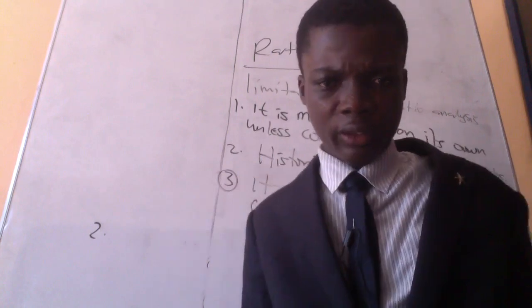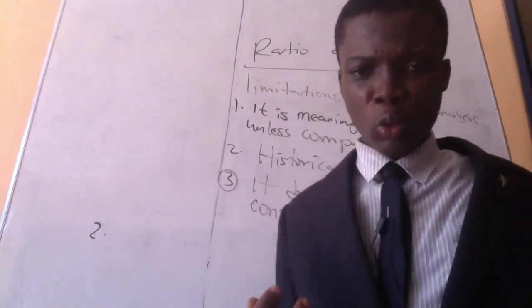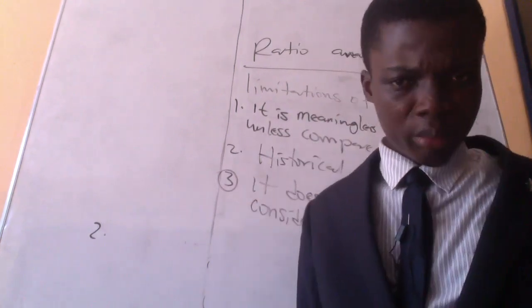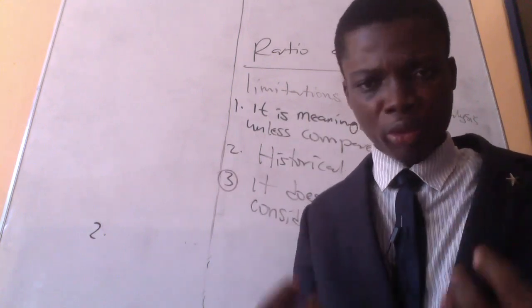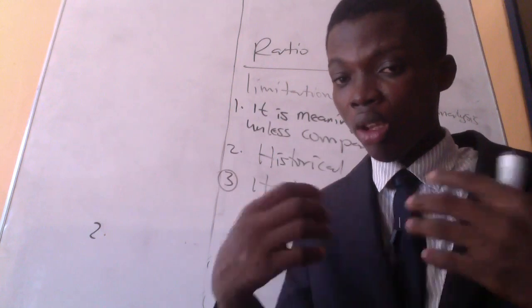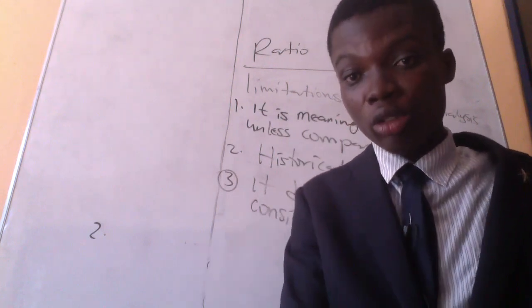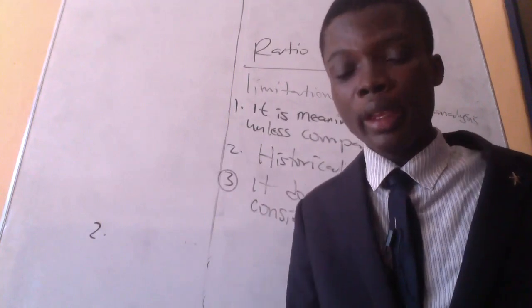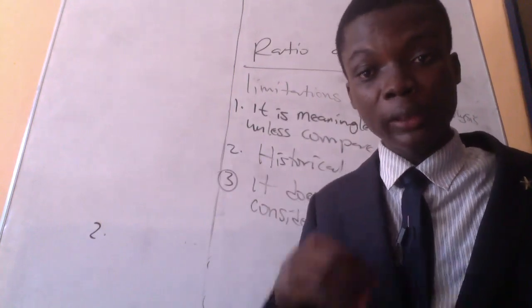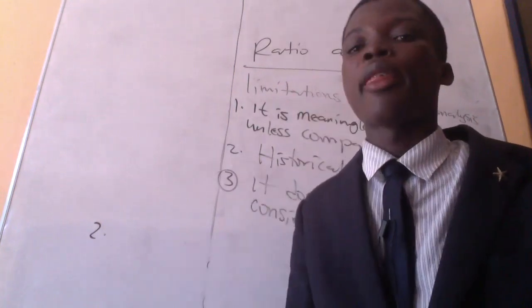So the non-financial information such as goodwill, number of customers, employees, quality of products, morale, motivation, all of these form part of non-financial information. And these are not considered in ratio analysis because the information that we are using is the financial statements.